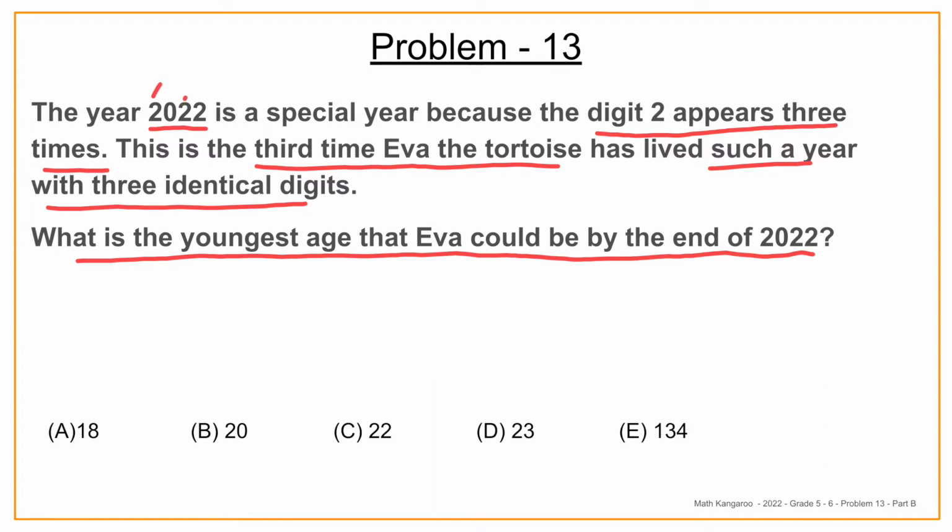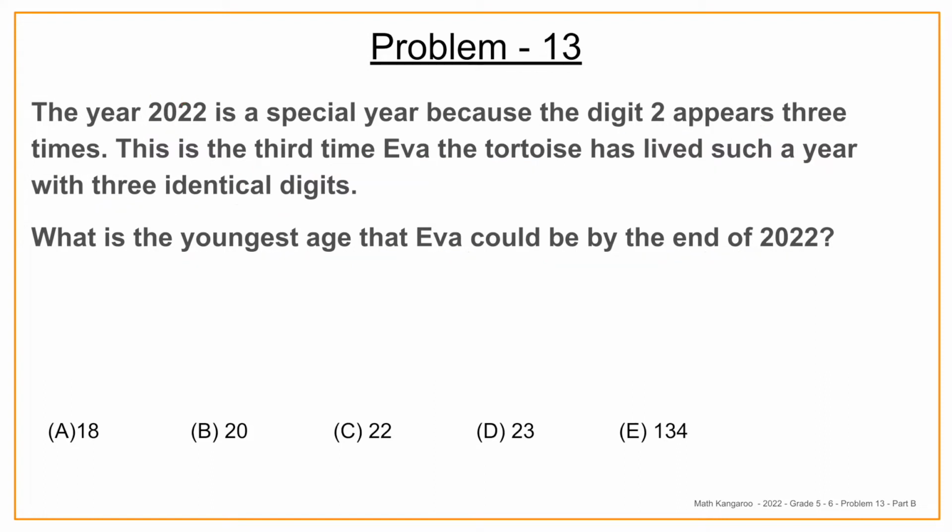So identical digits are these. So for this problem, we will go backward. We will start from 2022 and then we see which are 3 identical digits in a year. So we start 2022, where the digit 2 appears 3 times.